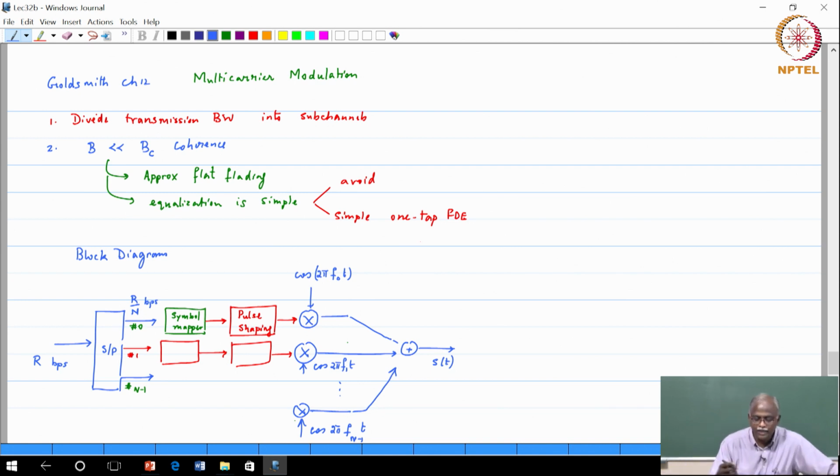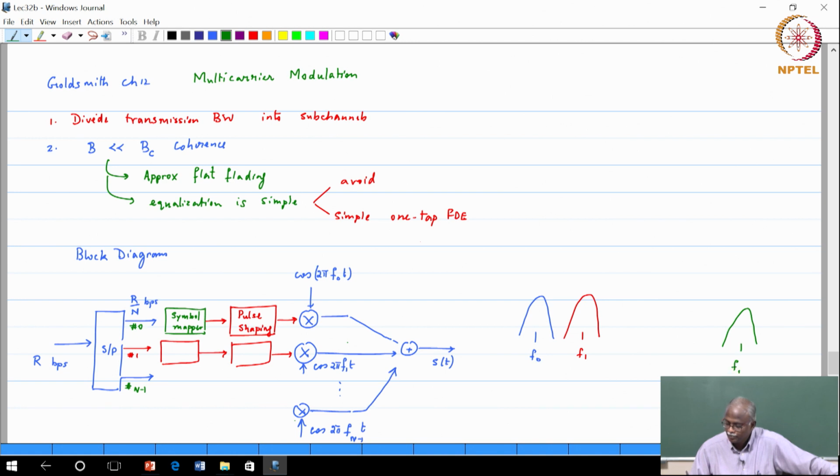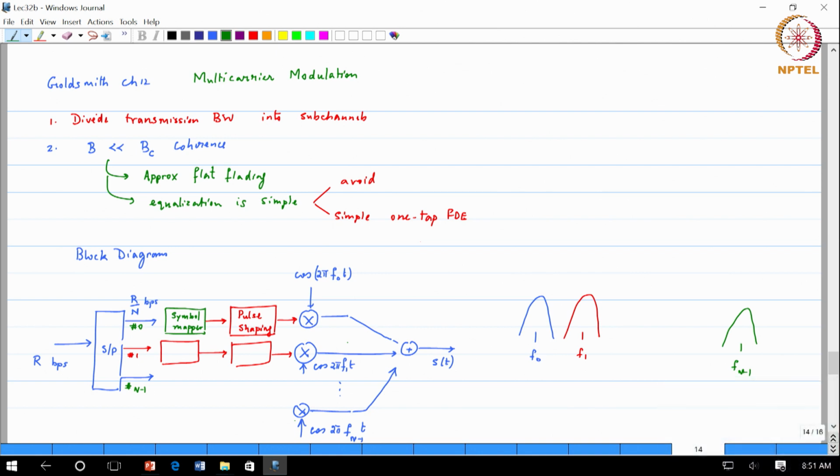So, this is the notion where you are trying to generate something of this type. Okay. This is at a center frequency f naught, the second one is at a center frequency f1, and the last one is at a center frequency f n minus 1. This is what we are trying to generate. Okay. It is an FDM signal where these frequencies are chosen so that orthogonality can be preserved. This was how multi-carrier modulation was envisioned.